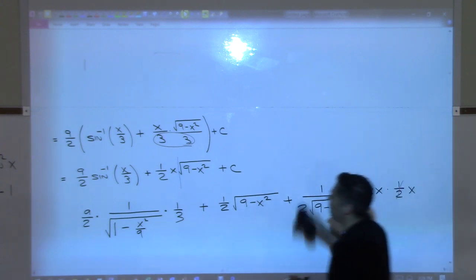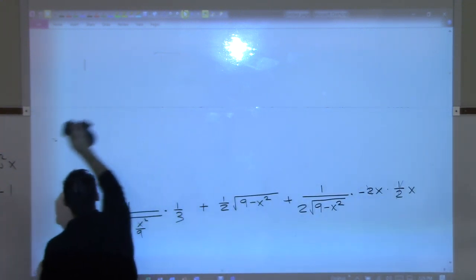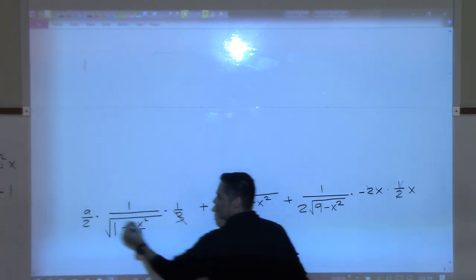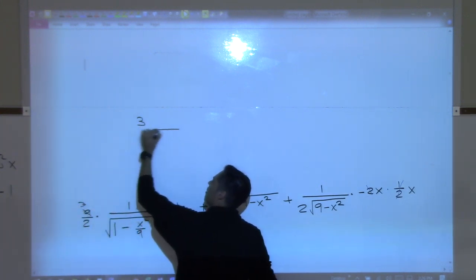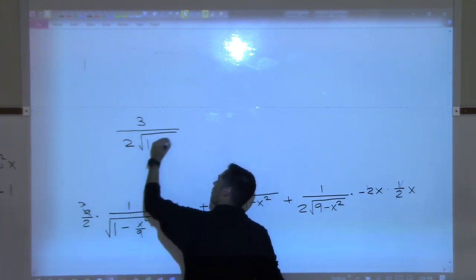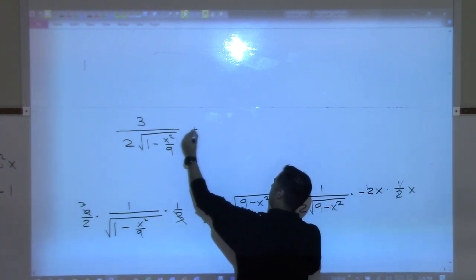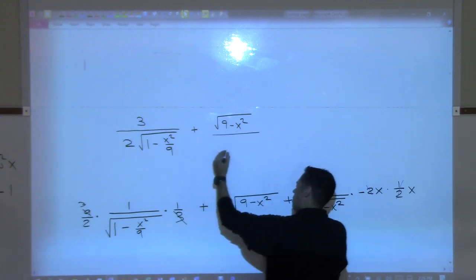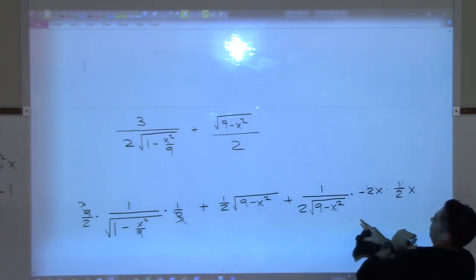Let's clean it up. What does this need to turn into at the very end? The square root of 9 minus x squared. Okay, so let me do a little more here. This and this becomes a 3, right? So that becomes 3/2. I'm going to do it a little differently because I'm about to get a common denominator and put all these together. Okay, here we go. Plus root 9 minus x squared over 2, and then plus, minus.